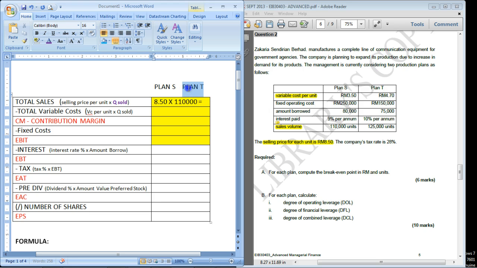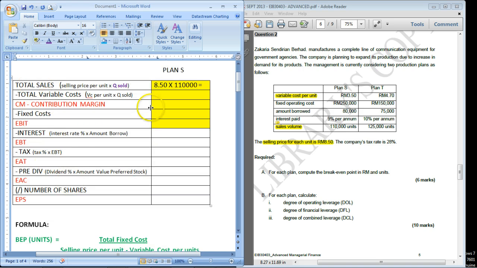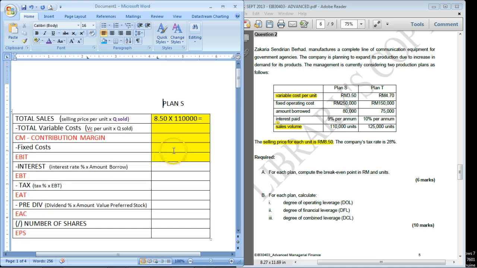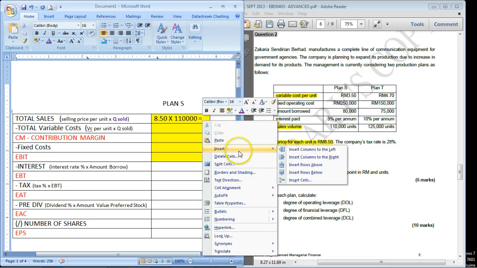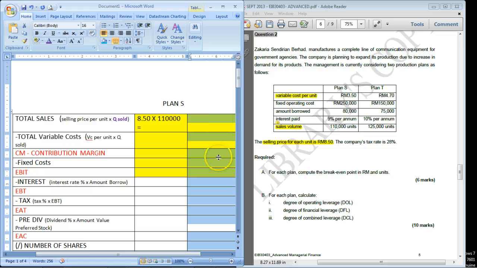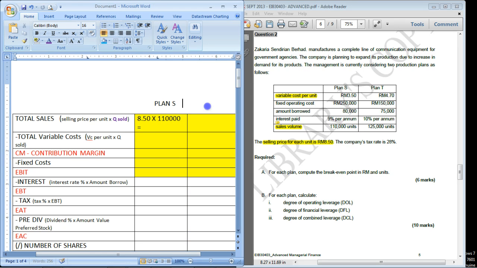I repeat, it's compulsory for you to do both plan income statements in one form only. Don't do it separately. Before, students would write this for plan S, then do it again. No need. You only add a column here. In your exam, I allow you to add a column and then you can do your plan T here. So this is your plan T.